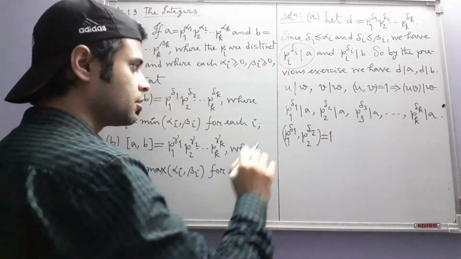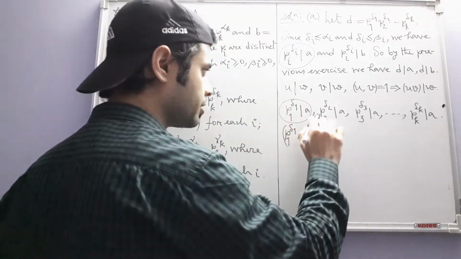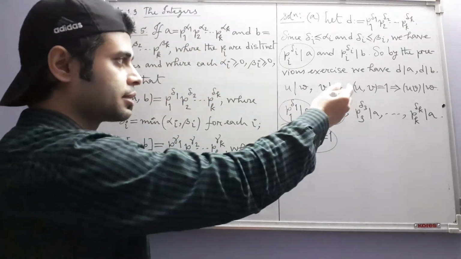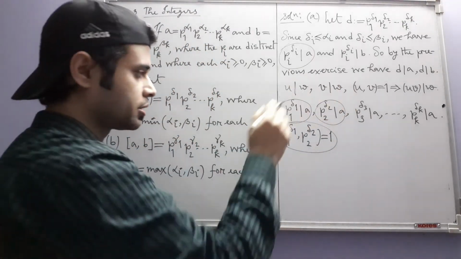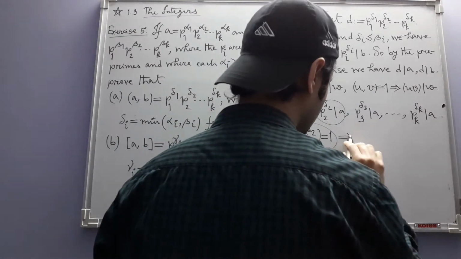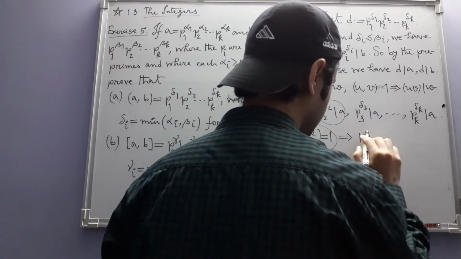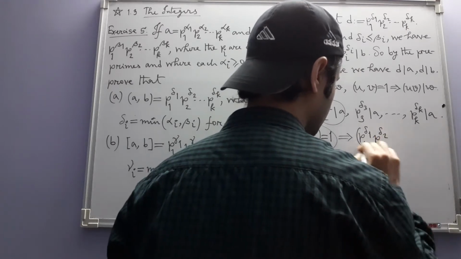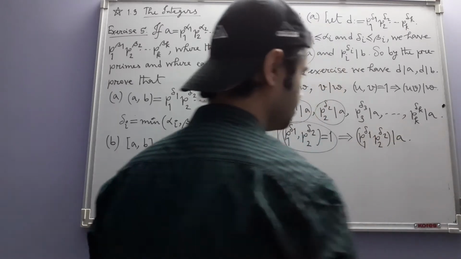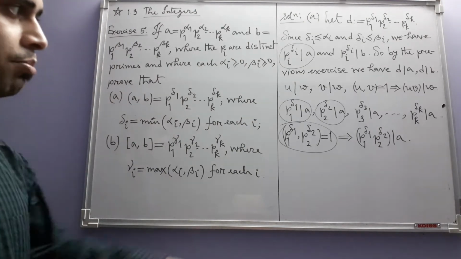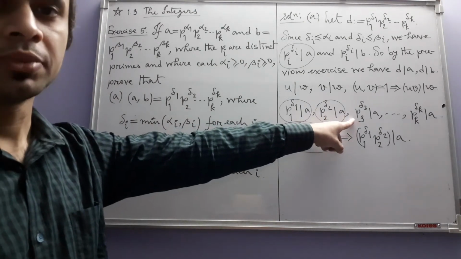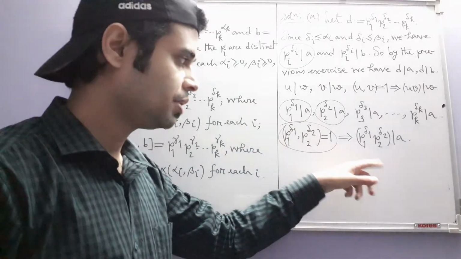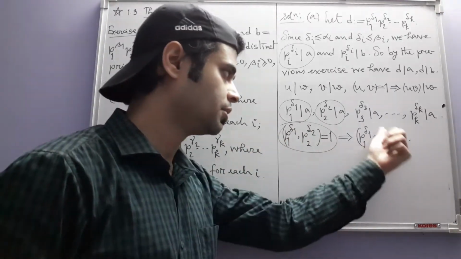Making use of this relation and this condition, and using the previous exercise, we can conclude that this product divides A. Now P3 is again a prime that is different from both P1 and P2, and P1 and P2 are the prime factors of this product.